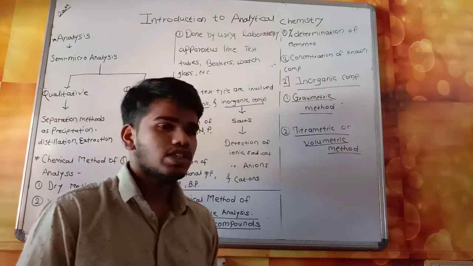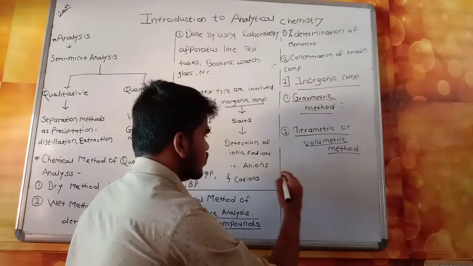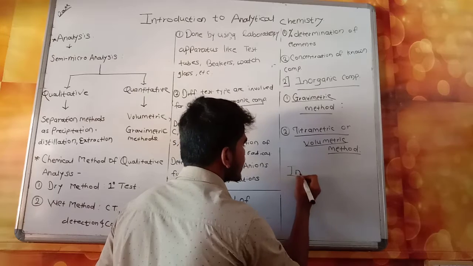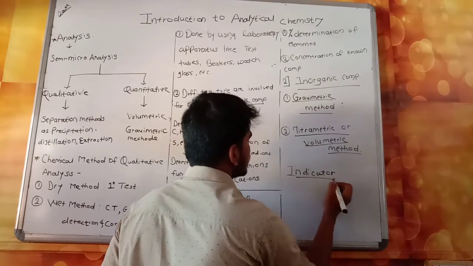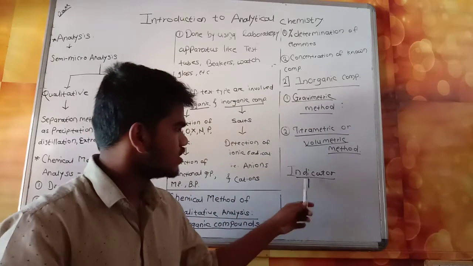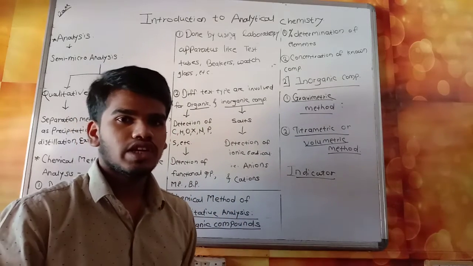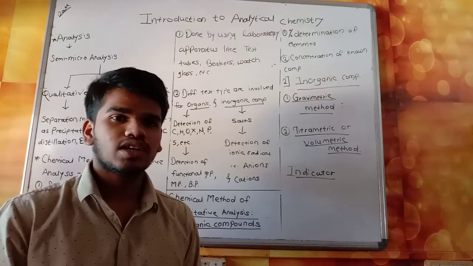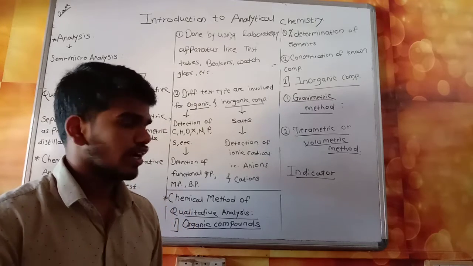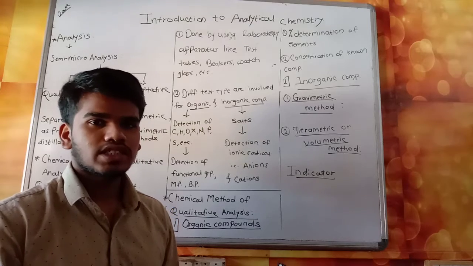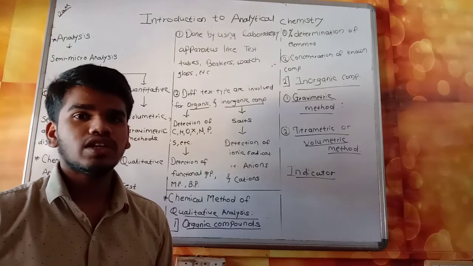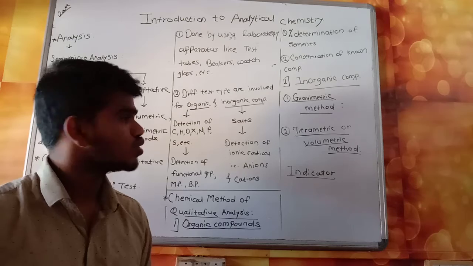So as to see that the reaction is completed, one more chemical known as an indicator is used. By adding this chemical, we can easily see whether the reaction is completed or not. At a certain point the indicator helps you see that the reaction is completed by showing some color change of the original solution.